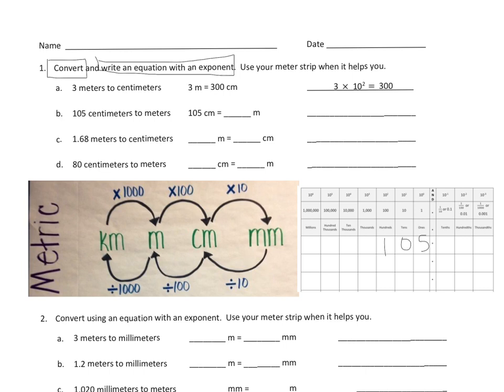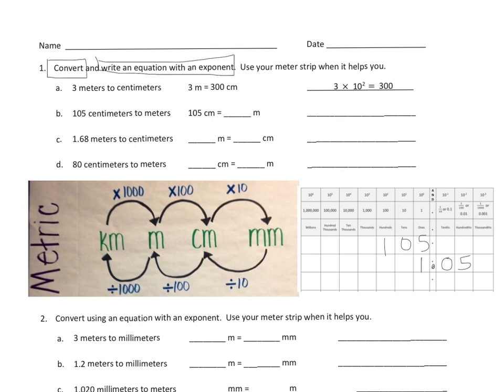And we're dividing it by 100. That means we are going to move it to the right 2 times. That means the 5 goes in the hundredths, the 0 tens go in the tenths, and the 100s go in the 1 ones. And the decimal point is in between the 1 and the 0.